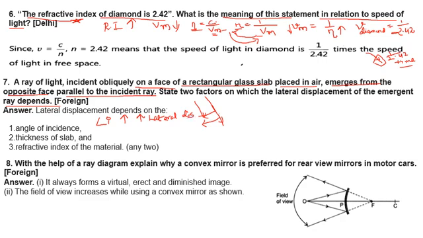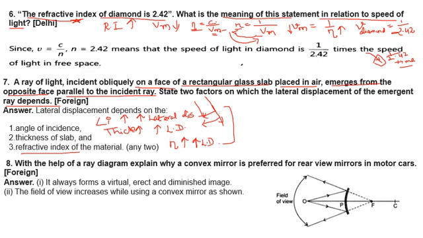Now thickness of the slab: if I increase the thickness of the slab, the lateral displacement, I'll just write the short form, LND, will also increase. Refractive index: if I increase the refractive index, my lateral displacement will also increase. So this is how it is related. These all three things are related.